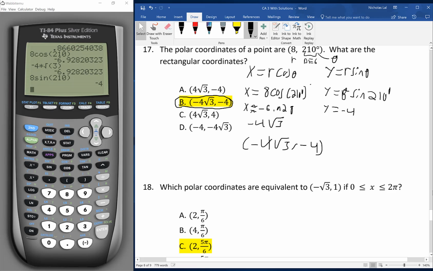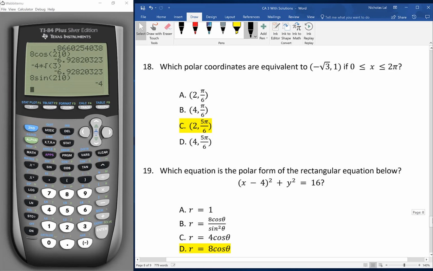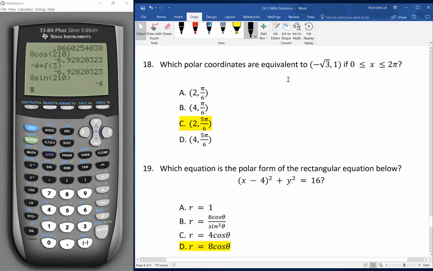Moving on to problem 18. Which polar coordinates are equivalent to the point negative the square root of 3, comma 1, if our angle is in between 0 and 2 pi radians?